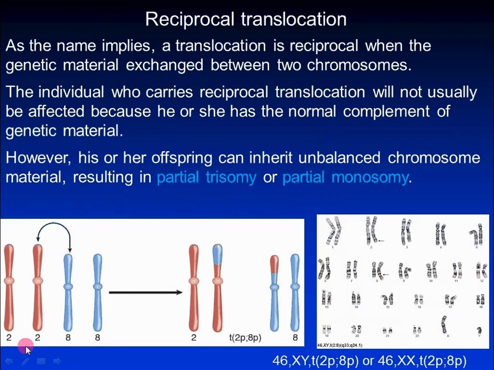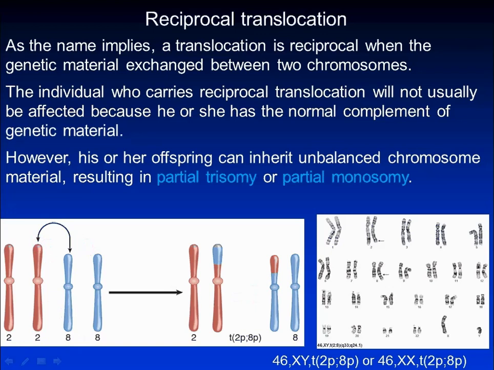Here are chromosome 2 and here are chromosome 8. When one chromosome 2 and one chromosome 8 exchange genetic material, this alteration is reciprocal translocation.